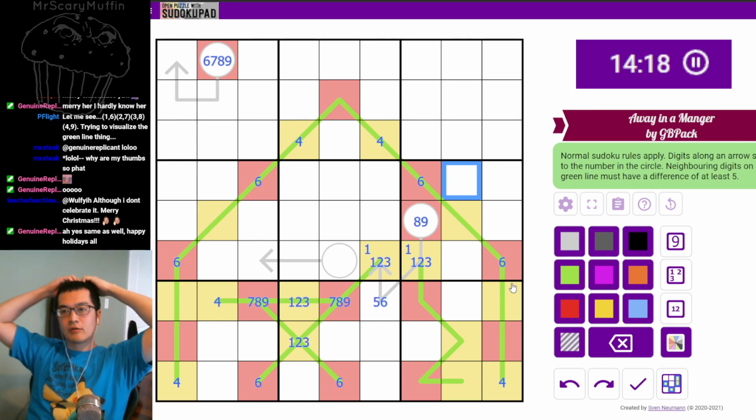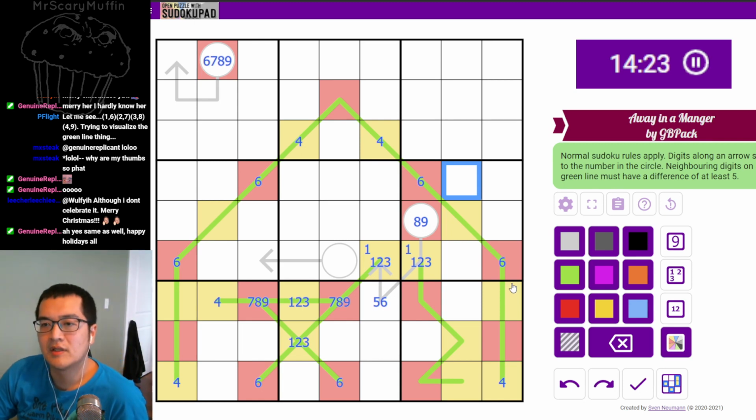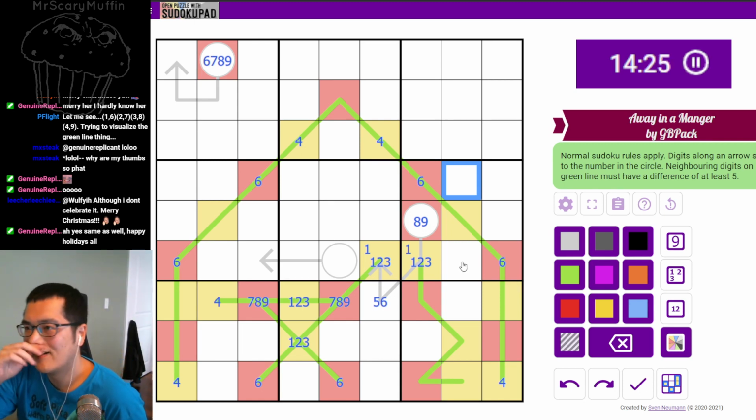Do we have to start coloring them different colors again? I really don't want to do that. I want to leave them alone for now.